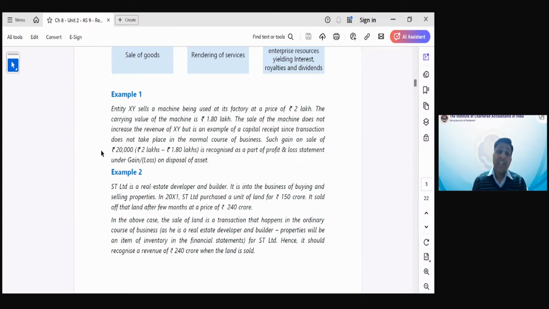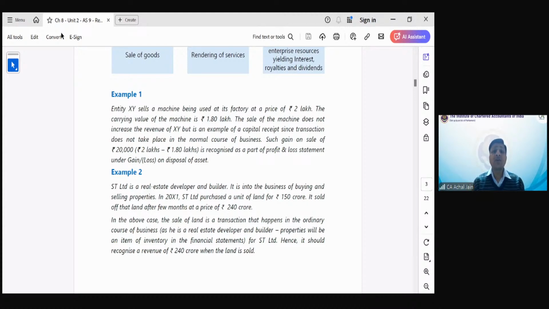Hence, in this case, what will be the amount of revenue? Should that be the difference between the sale price and the cost or the total sale value? What do you think? Total sale value? Yeah, that's what Pranav says. Yeah.